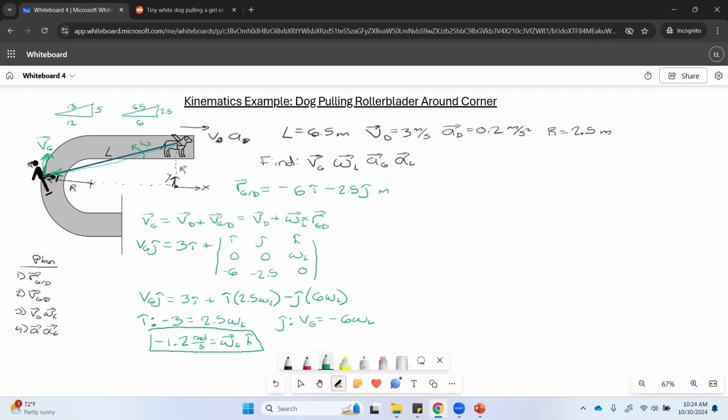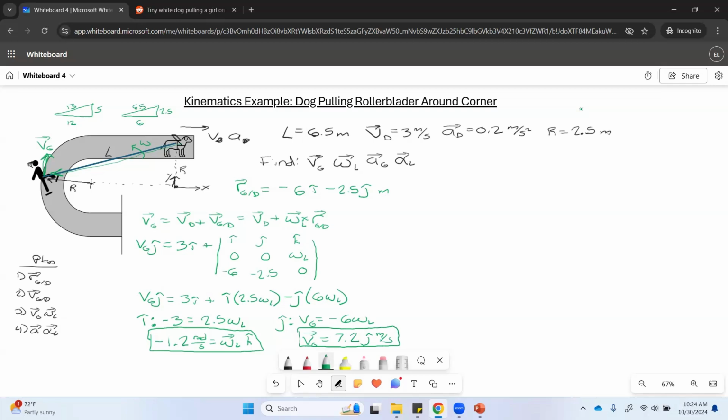Okay, so that's omega. And now for VG, VG is just going to equal negative 6 times the 1.2, which is 7.2 in the J hat, meters per second. Okay.